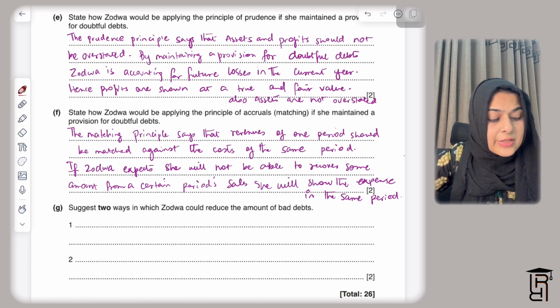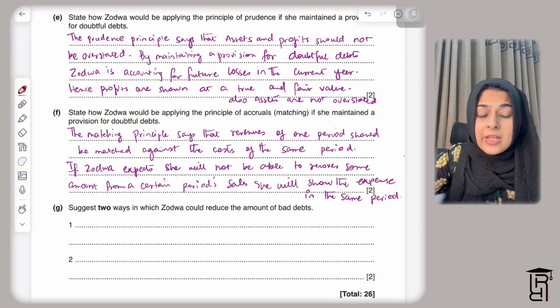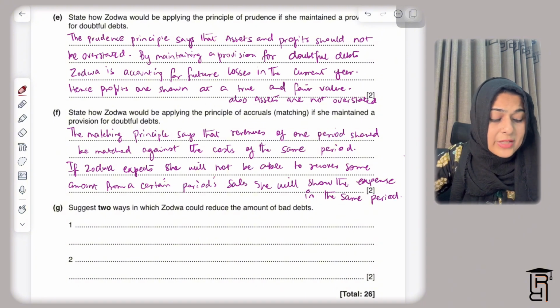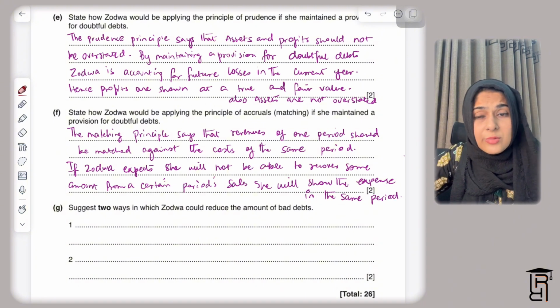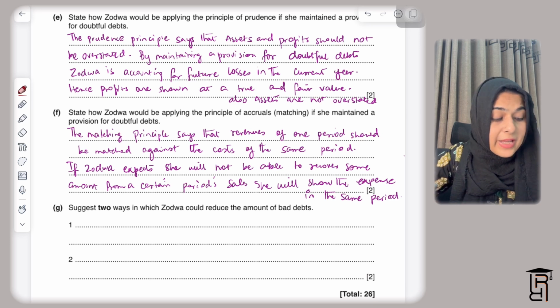So in the revenue of this period, if Zodwa is expecting that a few people will not pay, she will show the expense in the same year. So that is how she will match the revenues with the expenses.